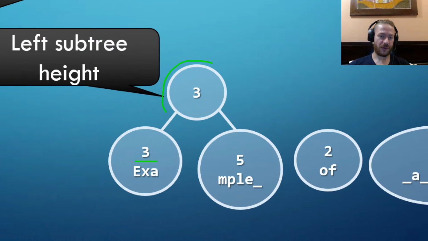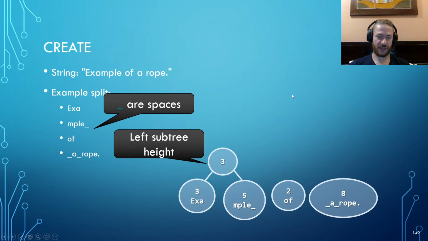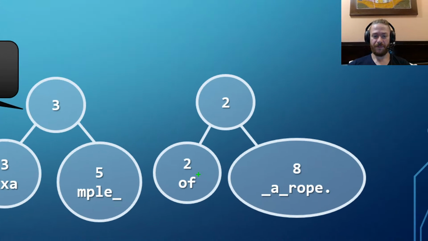So every node contains the number of characters the left subtree contains. You will see it as we build it. Then we need to build these two. And the left subtree has 2.